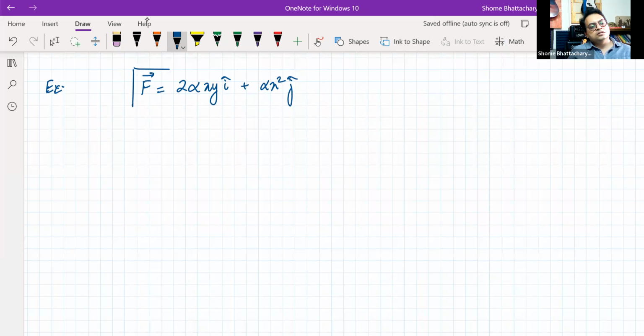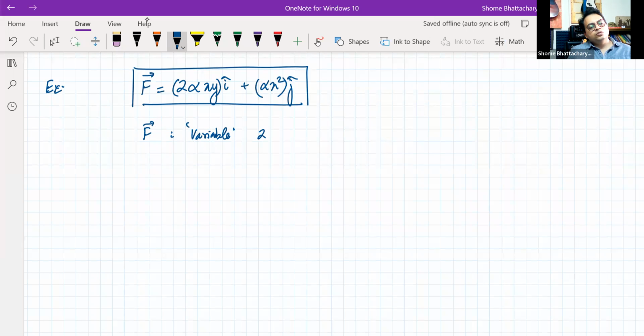So this is a variable two-dimensional force vector acting on a particle that is moving in a two-dimensional plane.